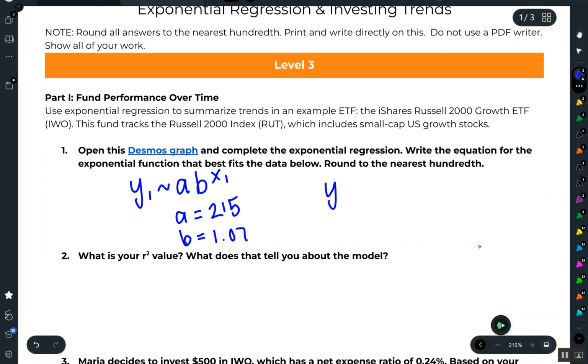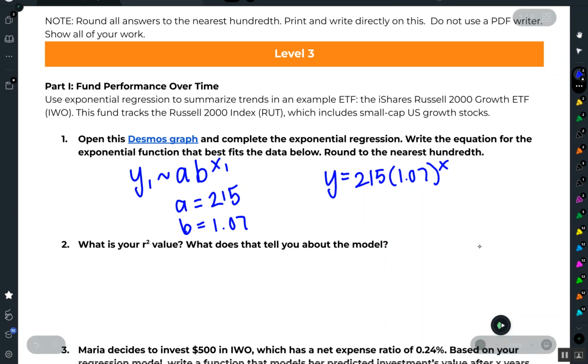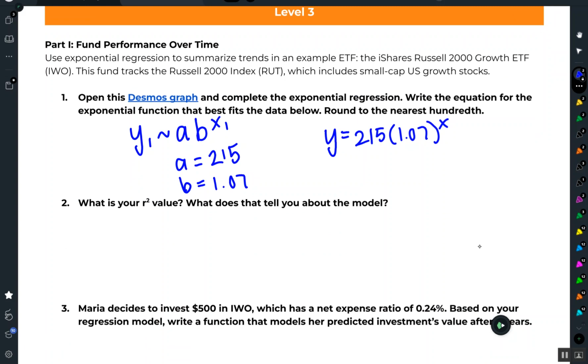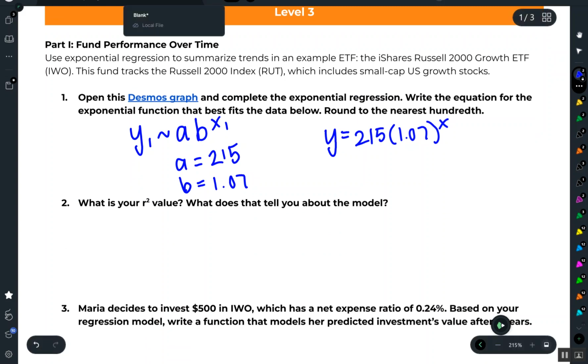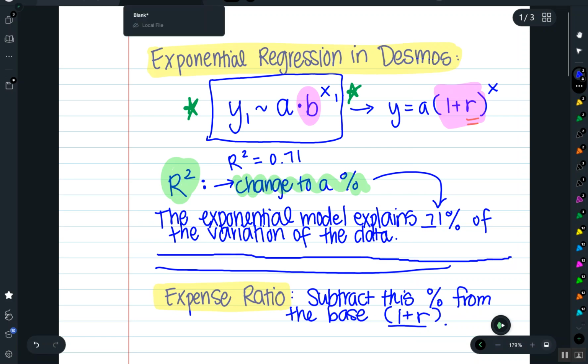Then you would write the equation y equals 215 times 1.07 to the x. We can drop the ones and put the equal sign back in. It says round to the nearest hundredth, so that's correct. Then you look up what the R squared value is and use this sentence structure that I gave you: the exponential model explains 71% of the variation of the data.